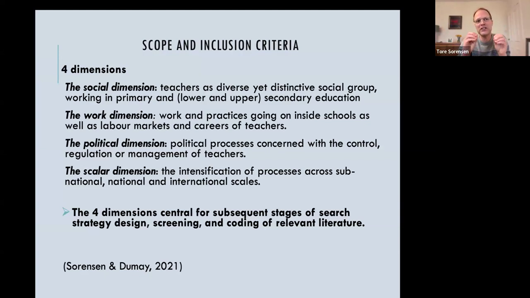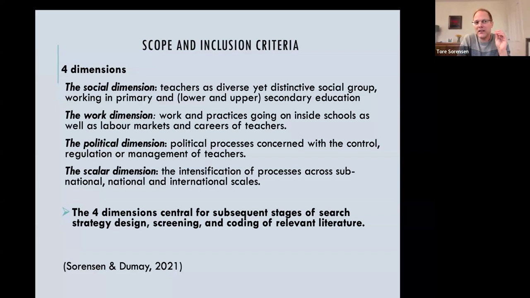We're interested in teachers as a specific social group. We're interested in their work and their practices, but as it happens, also their education and their qualifications. We're interested in the governance and the policy processes related to teachers and teaching. And we're interested in the geographical spaces that go across national borders.